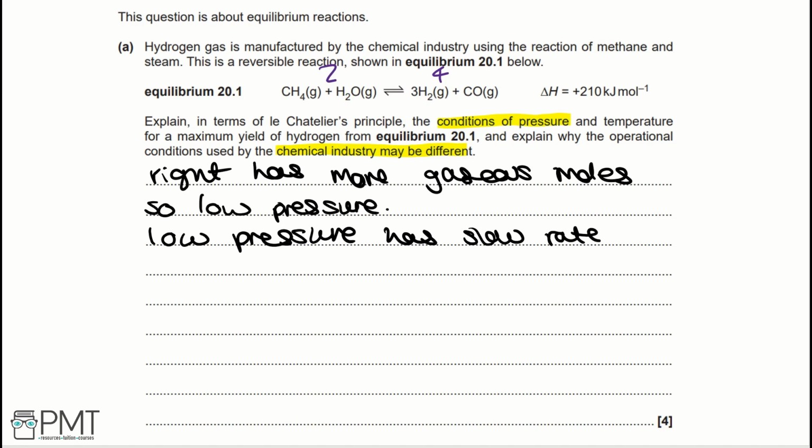Then we're going to look at the conditions of temperature we need. So temperature is all to do with the delta H value we've been given, and we're given a positive delta H value. Therefore, we can say that the forward reaction is endothermic.